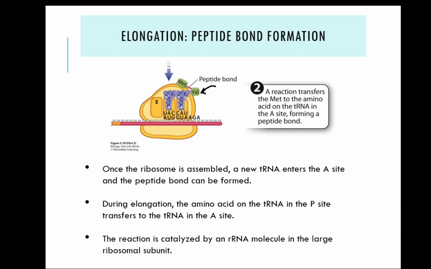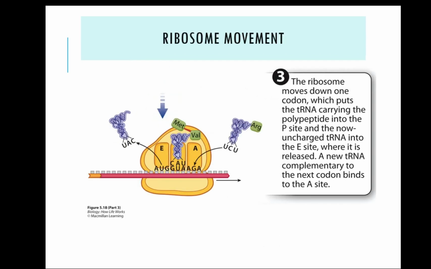Then once you have this peptide bond, everything moves down 1. Our first amino acid, the one that had methionine attached, is released through the exit channel. We have our growing polypeptide right here.